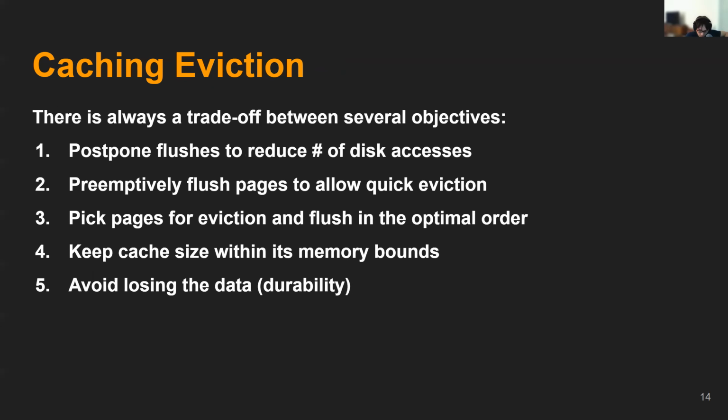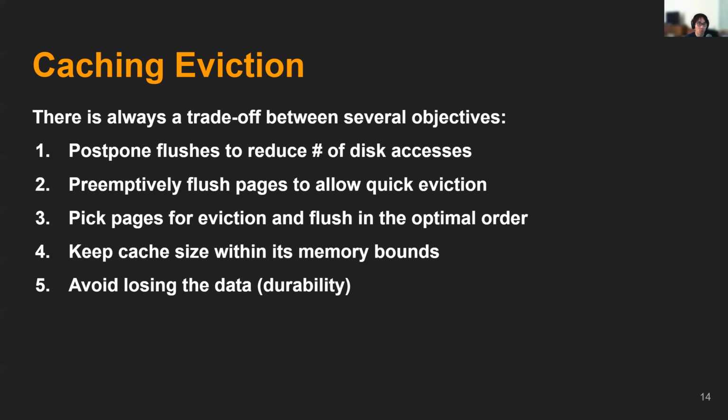Whenever we talk about caching, there is always an assumption that the cache is the small thing and the disk is the big thing. So eventually you run out of space in the main memory, and that's where you need to evict something from your cache to leave space for the new thing coming. Whenever we implement cache eviction, the book says there is always a trade-off between several objectives.